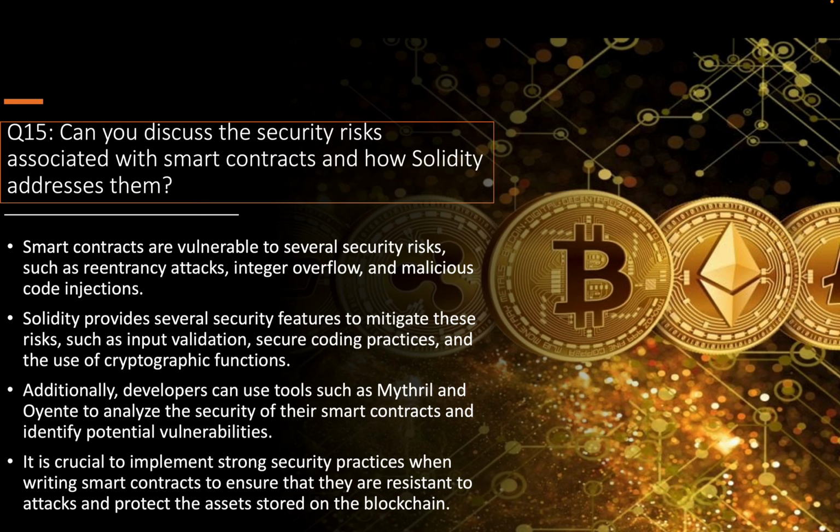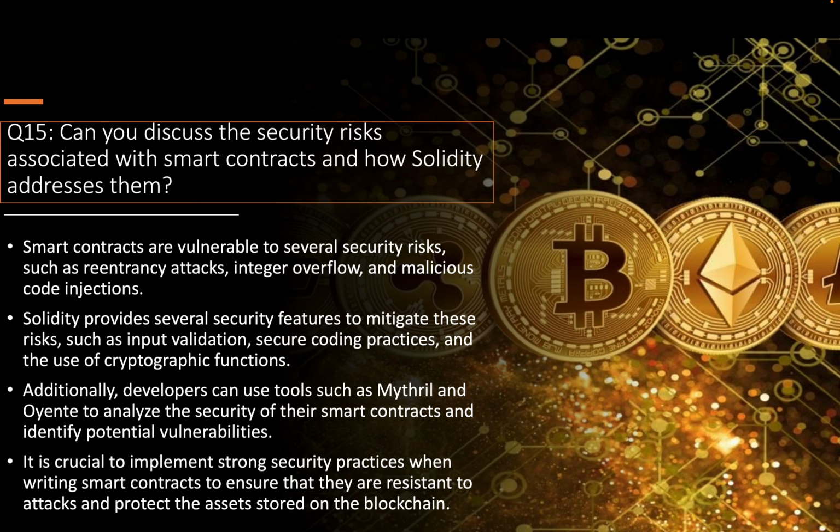Question number 15. Can you discuss the security risks associated with smart contracts and how Solidity addresses them? Smart contracts are vulnerable to several security risks, such as reentrancy attacks, integer overflow, and malicious code injections. Solidity provides several security features to mitigate these risks, such as input validation, secure coding practices, and the use of cryptographic functions.